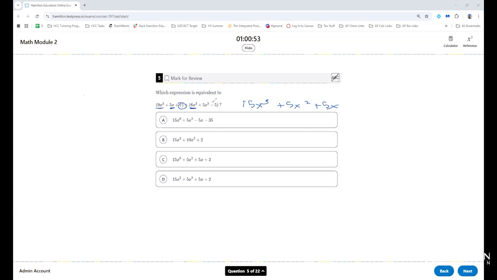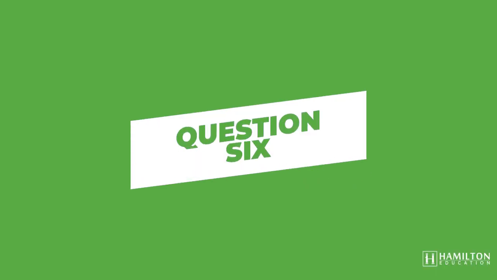And then lastly, the 7 and the -5 are constant terms, so we can add those together, and that gives me +2. So this one says x to the 6, which would be if you multiplied the x cubed terms. This one is probably if you added the 5x squared to 5x and just got 10x squared. So that has everything exactly right. The answer was D. On to question 6.